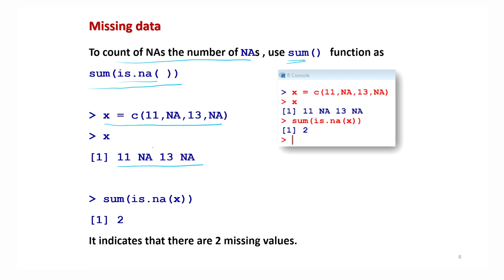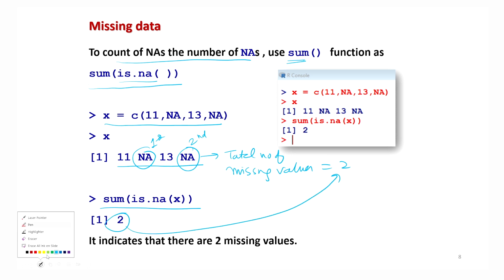At how many positions are the missing values happening? The second position and the fourth position. So the total number of missing values is 2. If you see sum(is.na(x)), it will give you 2. So this 2 indicates that there are 2 missing values in this data set.